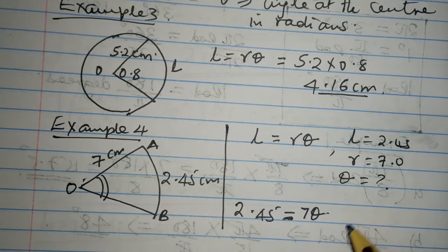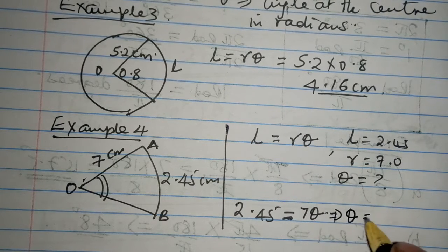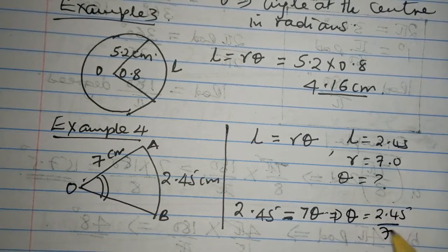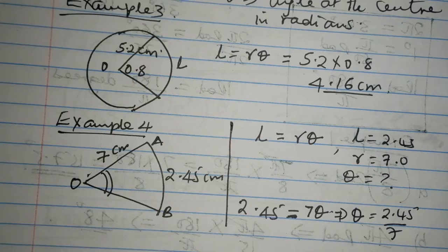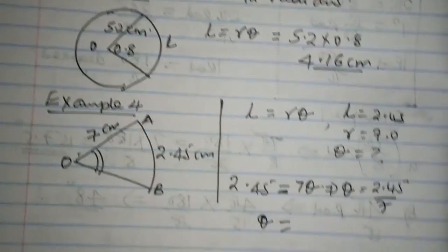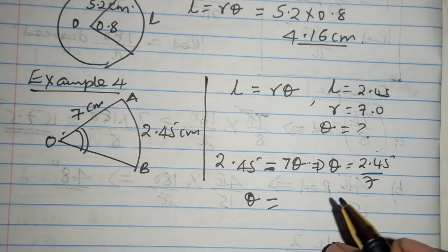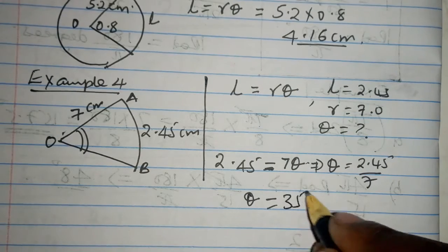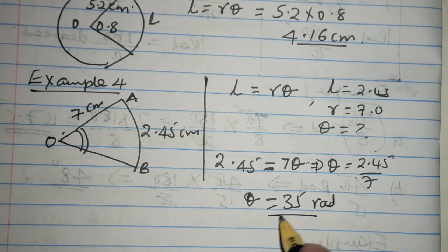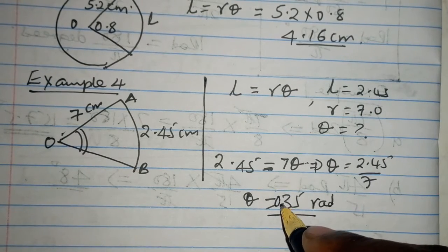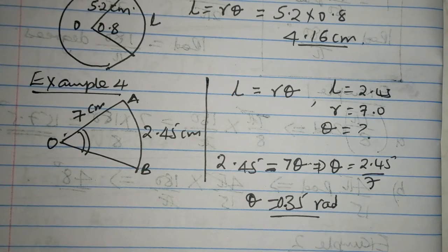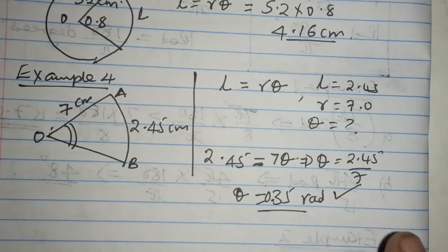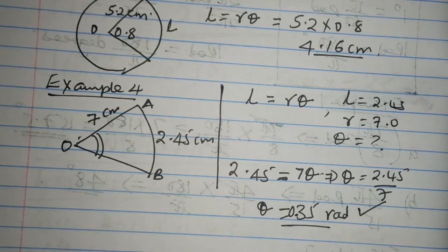If you divide both sides by 7, theta is 2.45 divided by 7, which is 0.35 radians. That is what you've been able to acquire as far as example 4 is concerned.